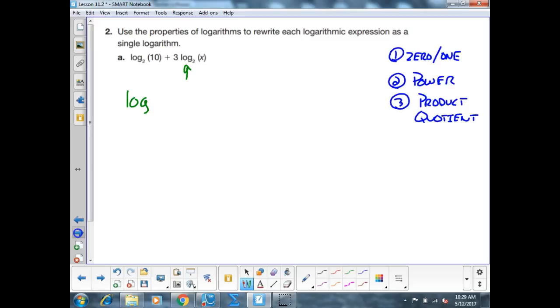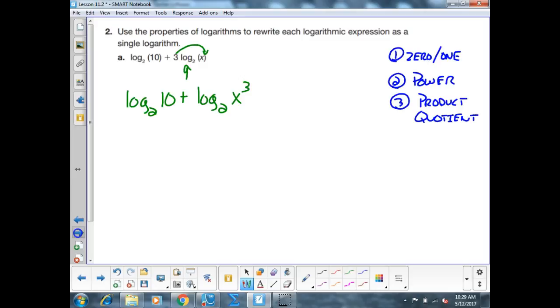Log base 2 of 10 plus log base 2 of x cubed. Right? Take this number out in front, put it in the exponent.